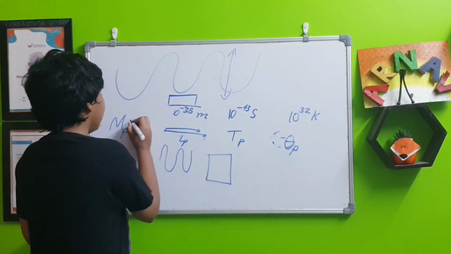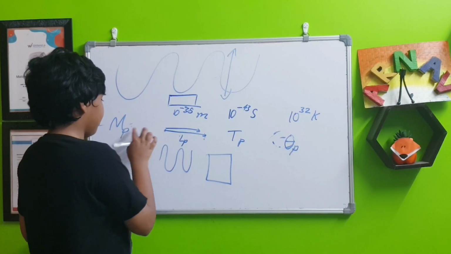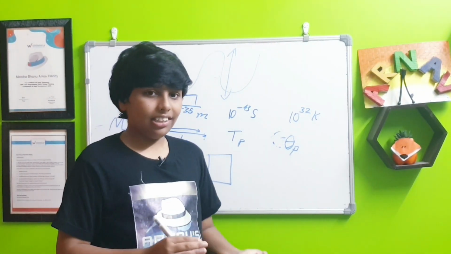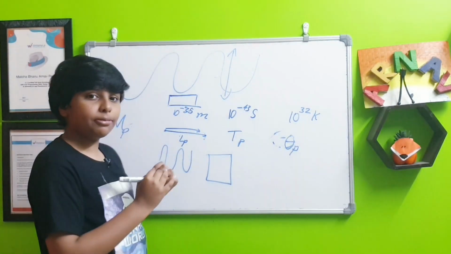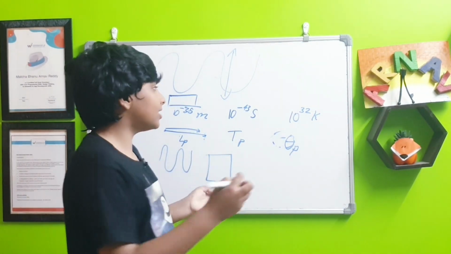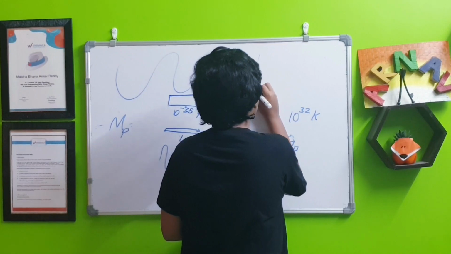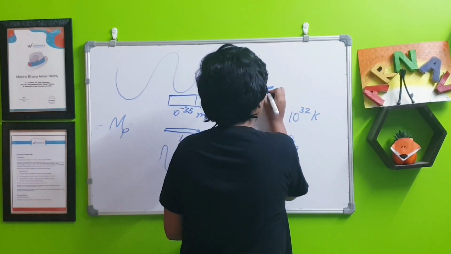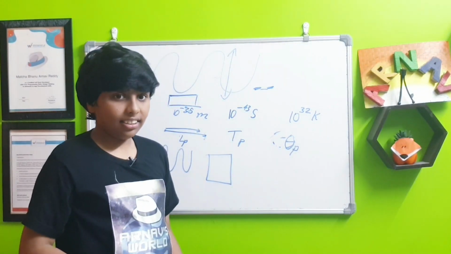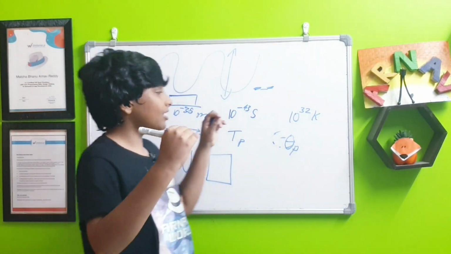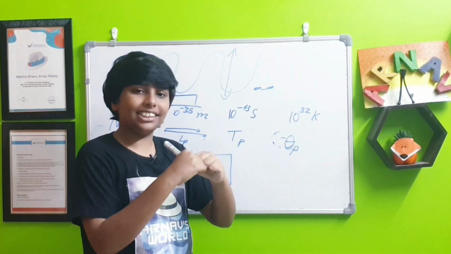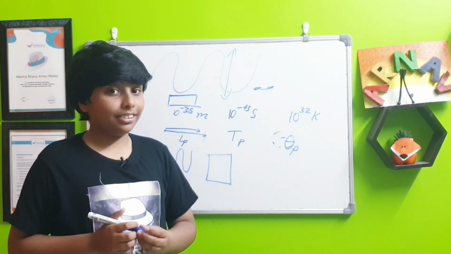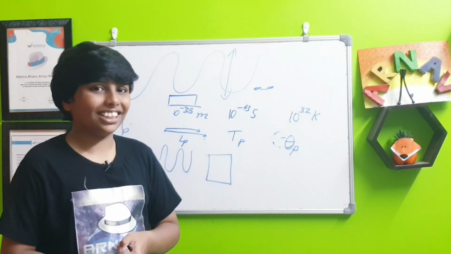So now let's go back to the Planck force. Take two things of the Planck mass and place them at a distance of 1 Planck length. The force with which they attract each other is known as the Planck unit of force. Did you understand? It's kind of hard to understand, but yeah.